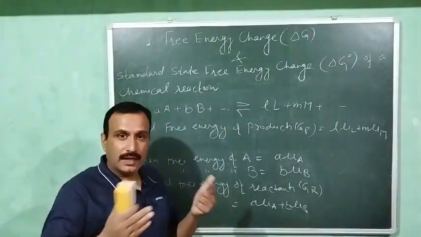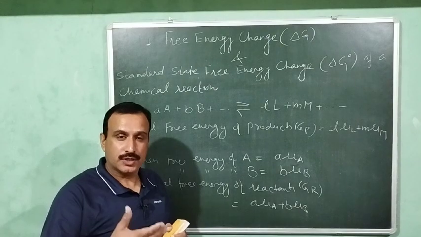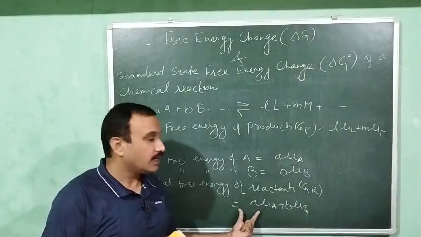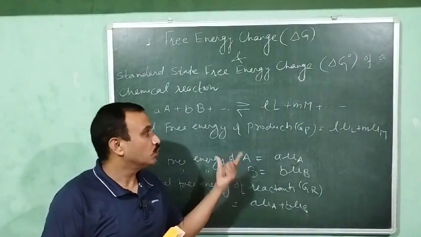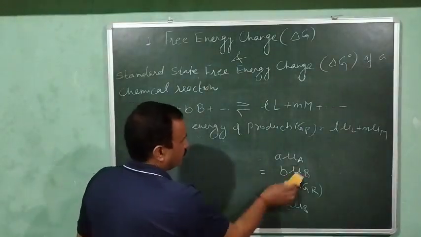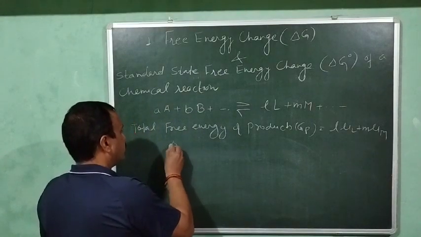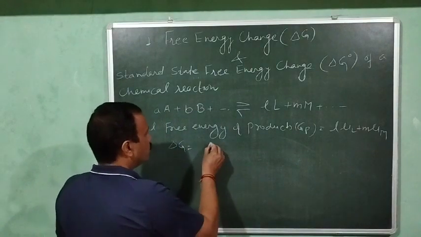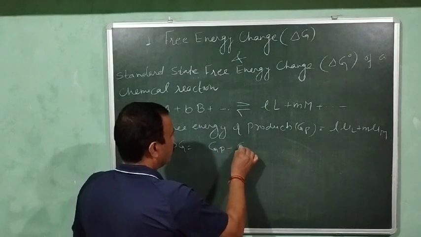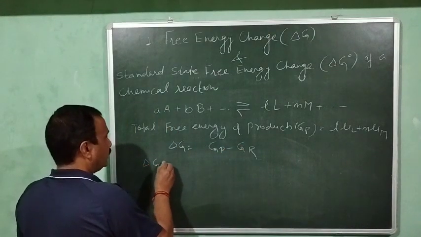Then we can calculate the free energy change of this reaction by subtracting the total free energy of your reactants from the total free energy of the products. Then delta G of this reaction will be equal to GP minus GR, and let us substitute the values.